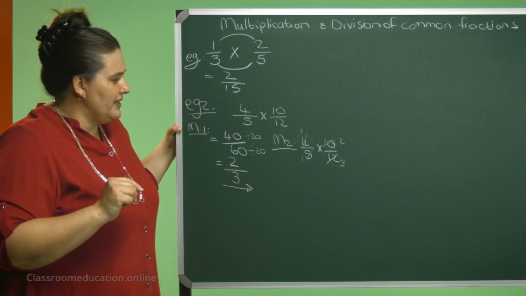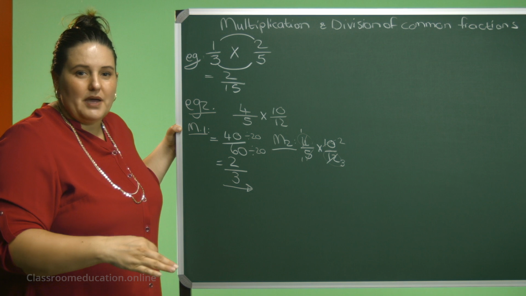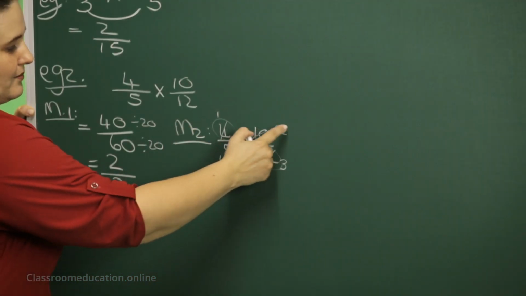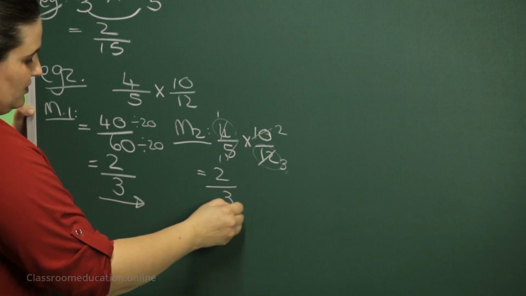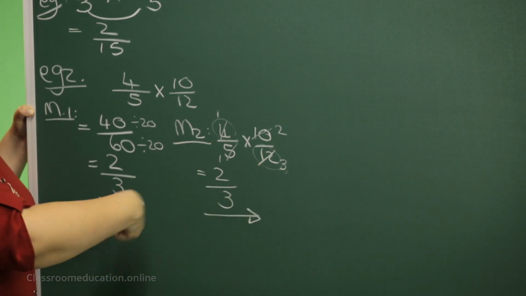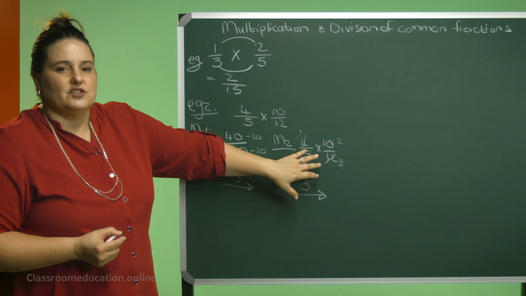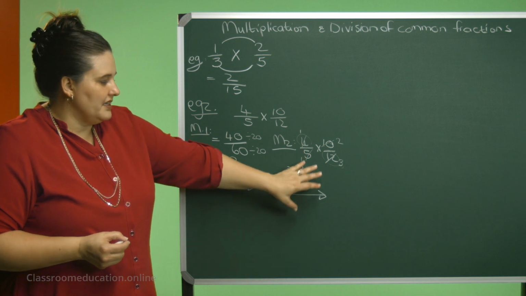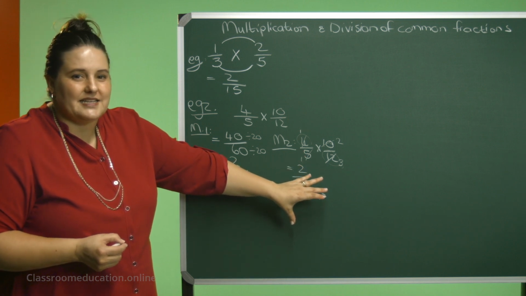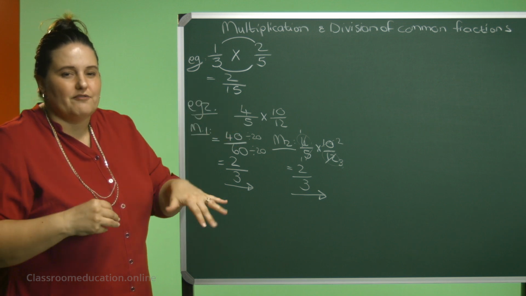So what can I do now? Just multiply top by top and bottom by bottom. So 1 times 2 is 2, and 1 times 3 is 3, and I still have the same answer. But this one is actually nice to do. Yes, later on you do top, top, bottom, bottom, but this one is nice because immediately you are working with a quite smaller fraction.